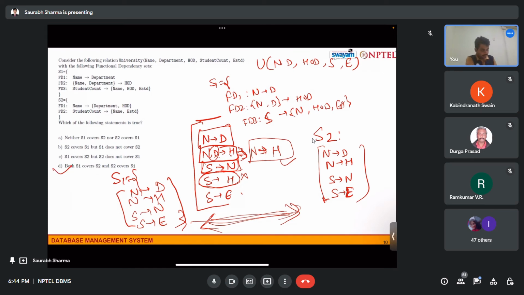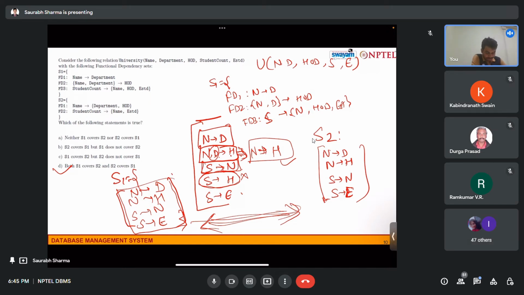If there were any other dependency different from the other functional dependency set, then we could say that it is not covering it, but here the inference is the same, so we have got the equivalent functional dependency set.